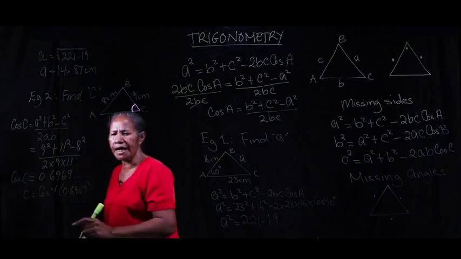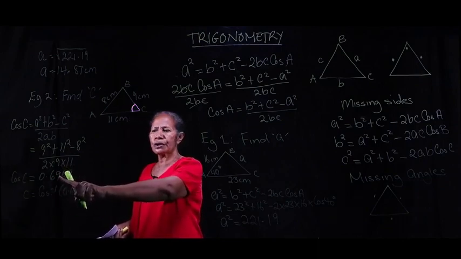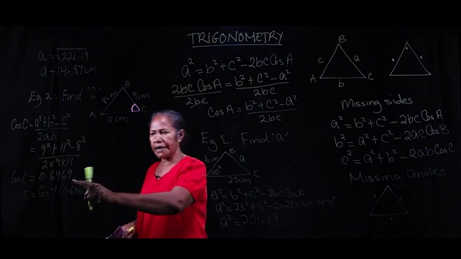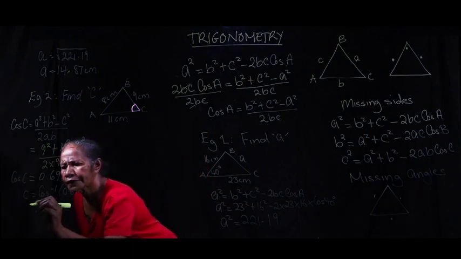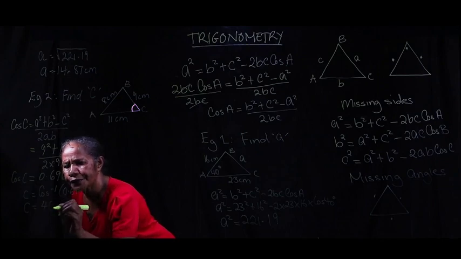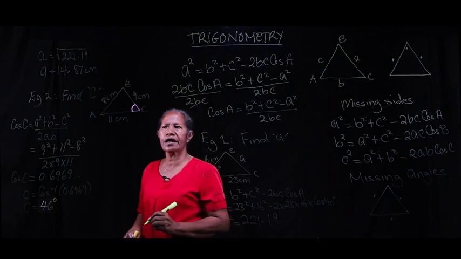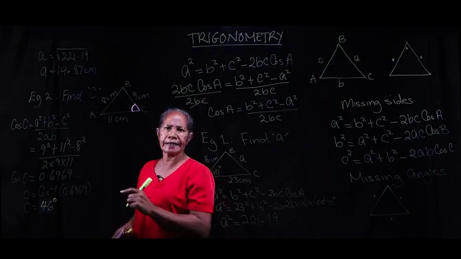And why did we do that? We're trying to convert this decimal value to an angle. So angle C is now 46 degrees. We have now found the size of angle C.